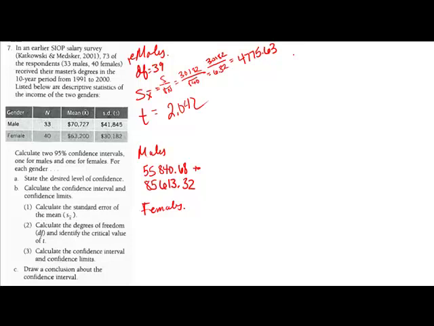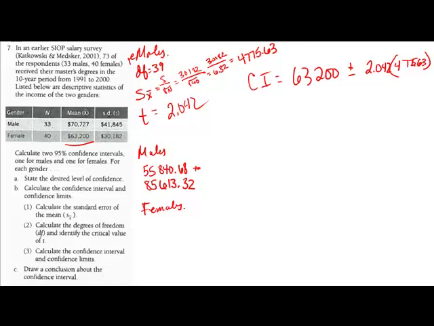Okay. Now to construct my confidence interval, take my sample mean, which is 63,200, plus or minus 2.042 times the standard error.